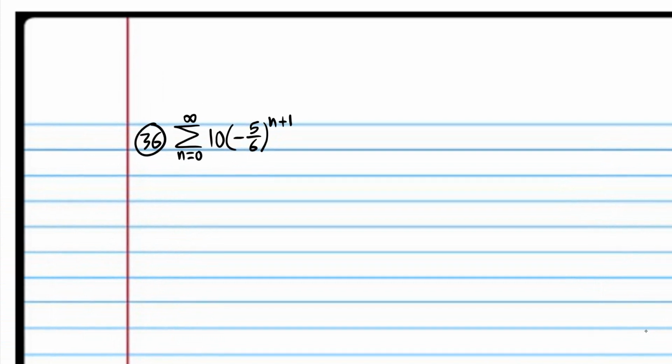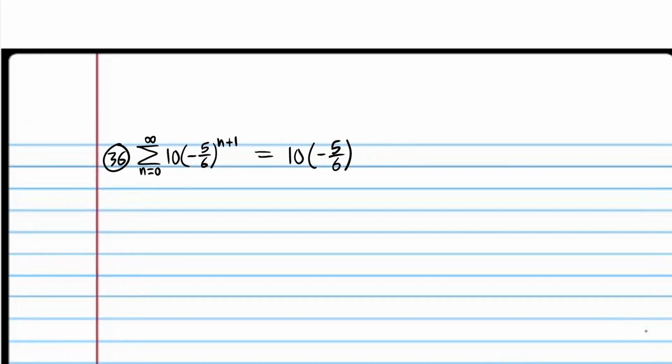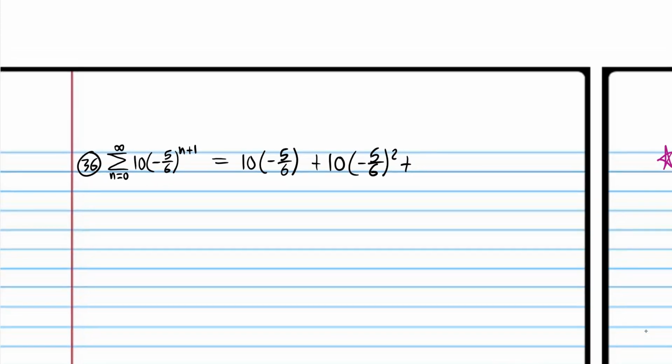Let's write out the first few terms. If n is 0, it gives us the first term, 10 times -5/6. And then if n is 1, we have 10 times -5/6 squared. And if n is 2, we have 10 times -5/6 cubed, and so on and so forth.